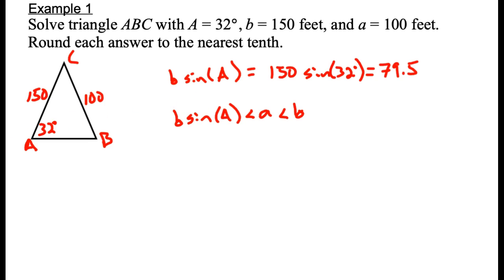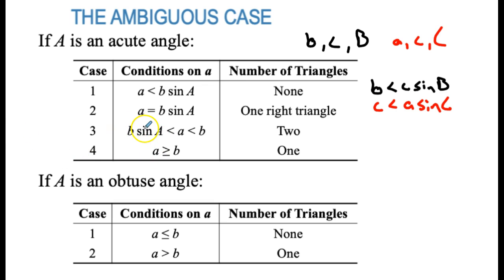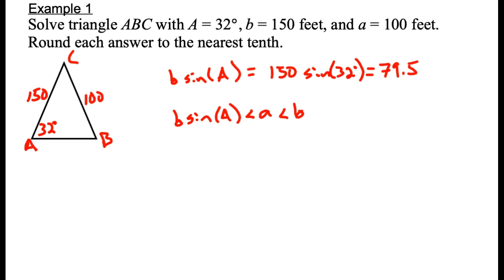So if we look at our chart, B times the sine of A is less than the length of side A, which is less than the length of side B. That means we're going to end up with two triangles.